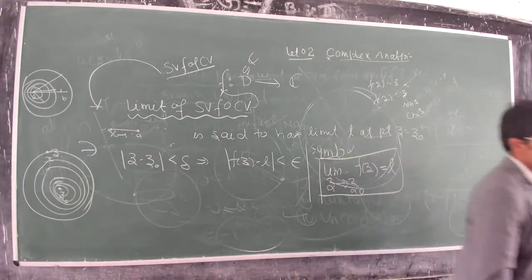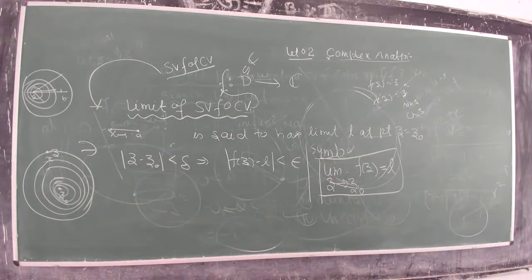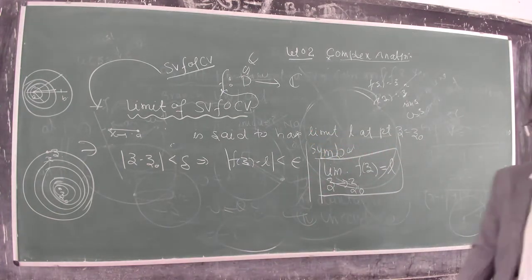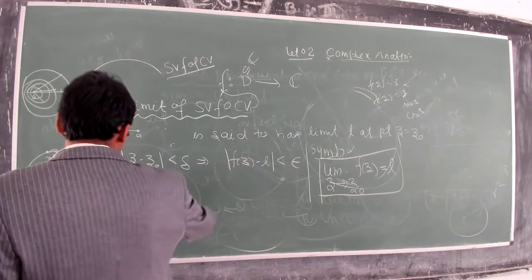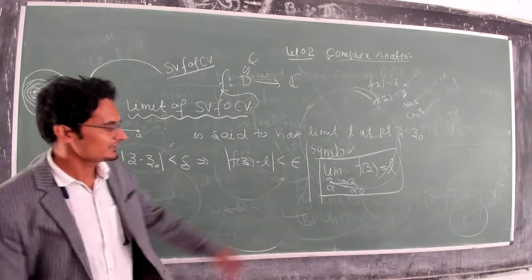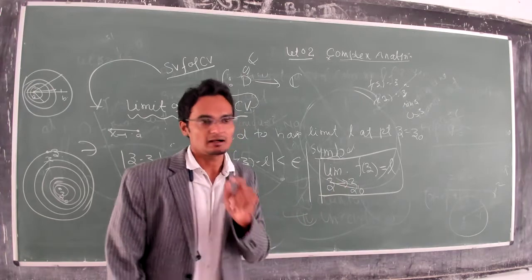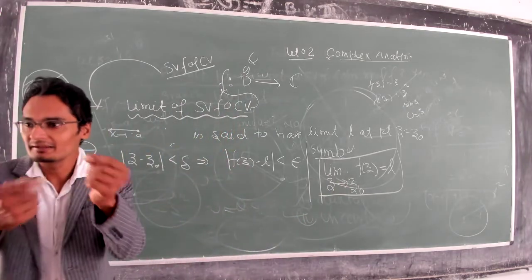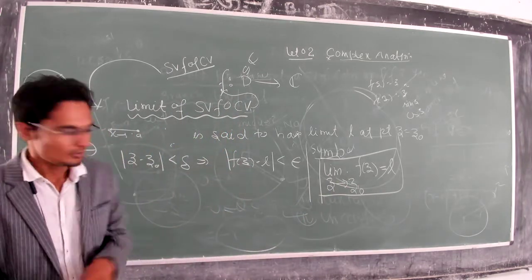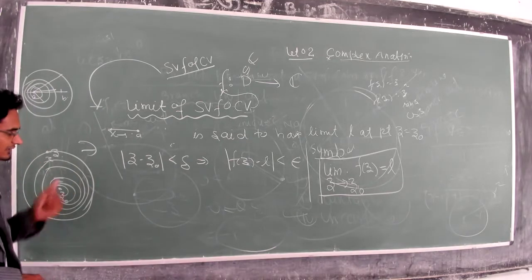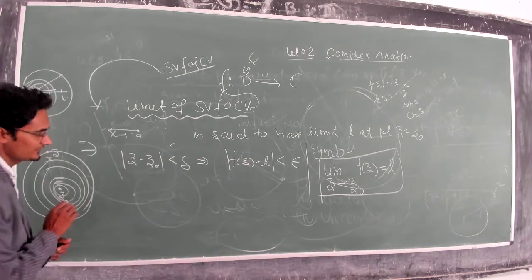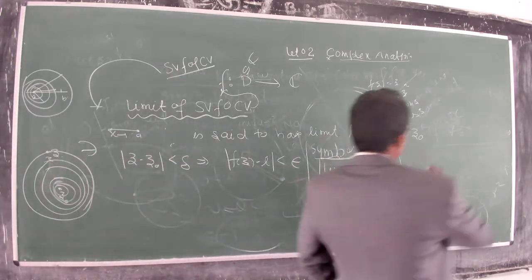So this is the geometry of how you reach z naught. So |z minus z naught| less than delta means z tending to z naught. After some time, z will reach z naught. So how will we write this?